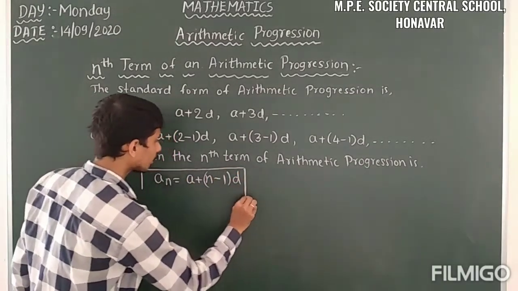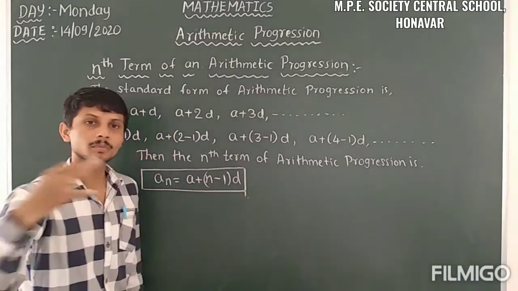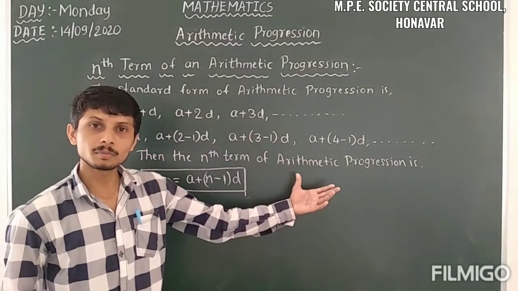So this is the formula for finding any number, that means the nth number of the AP.